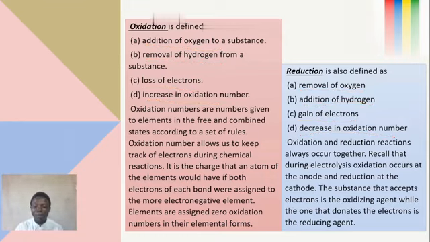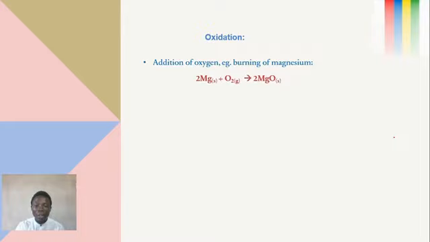Are we together? Good. So let's move on. I'm sure the class is getting interesting. So oxidation, addition of oxygen. Let's consider the burning of magnesium. That is combustion now. You can see that when we have added oxygen to magnesium, that is oxidation.